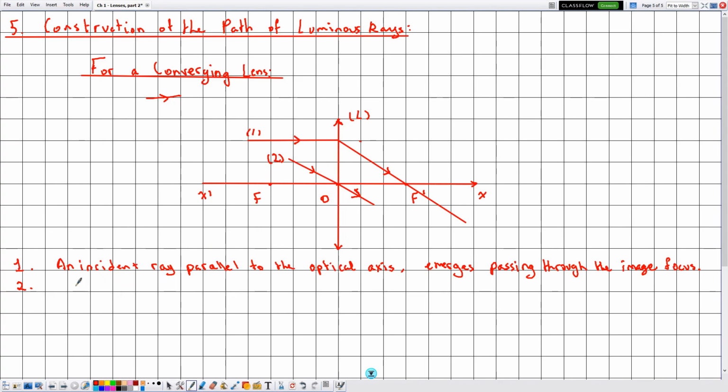Now let's justify its path. An incident ray passing through the optical center emerges without deviation.